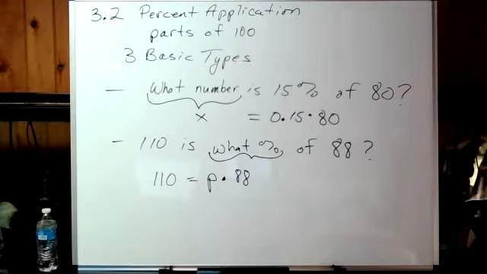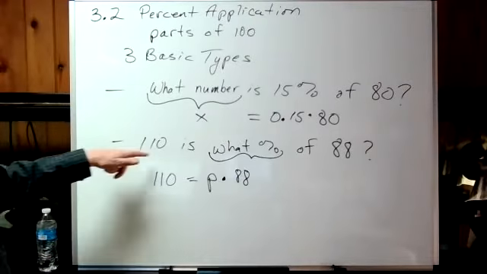Again, there's our translation directly from the sentence. If I can put it in that nice, simple sentence shape, I can translate it easily. Here I would divide that by 88. I'm going to get something greater than 1, so it's going to be something like 1 point blah, blah, blah.